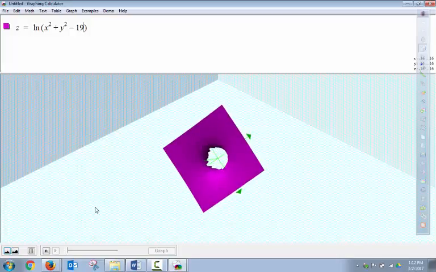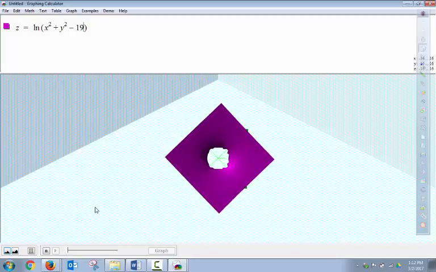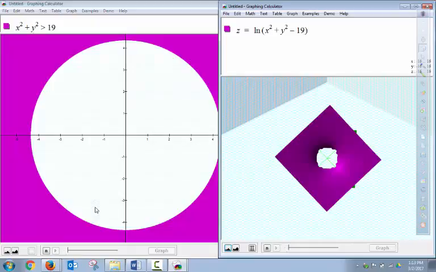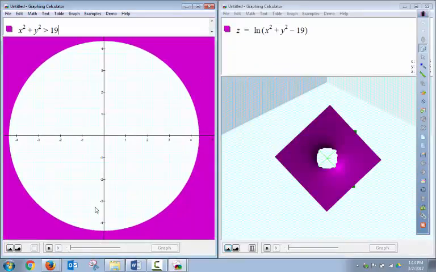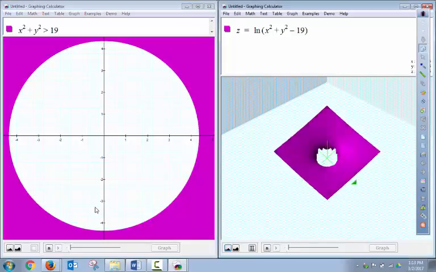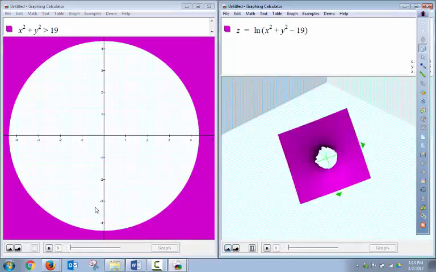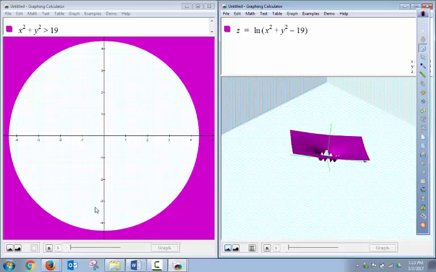So it's essentially a shape with a hole, and that's the XY plane basically. The hole that you're seeing here is exactly this hole in the domain.